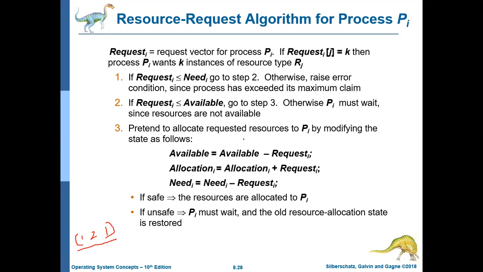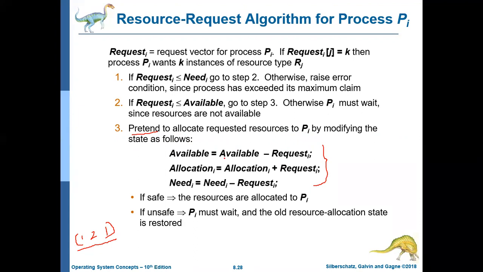Theoretically, we are pretending that we are giving all the resources to Pi, whatever Pi was requesting. We are only thinking, we are not giving in actual. We are pretending: what will be the scenario after giving all the resources to Pi?